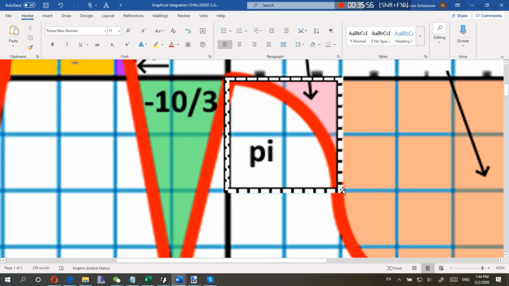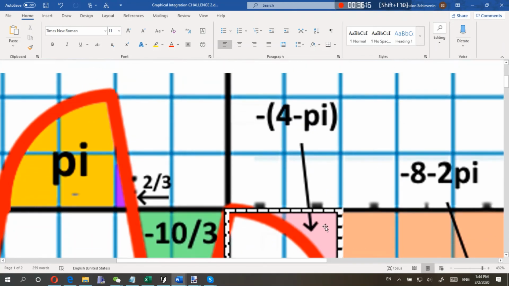So the area of a circle with a radius of 2 would be pi r squared, or 4 pi. 1/4 of that circle would be 1/4 of 4 pi, which is pi. So my white space here is pi. So that means this pink space should be the total area of the box, 4, minus the white space, pi. Oh, okay. And then that area must be negative because that negative sign shows direction. We're below 0 right now. So that's -4 minus pi.